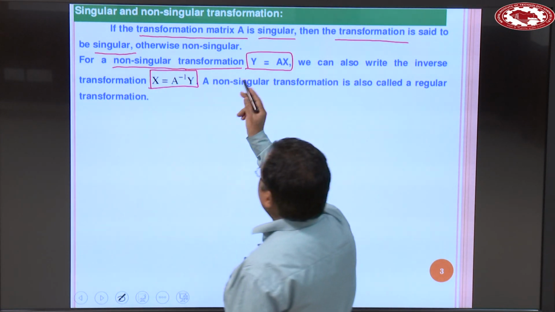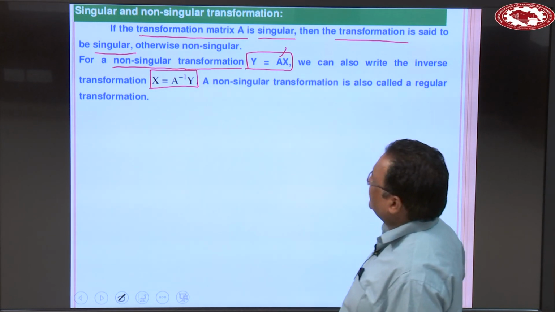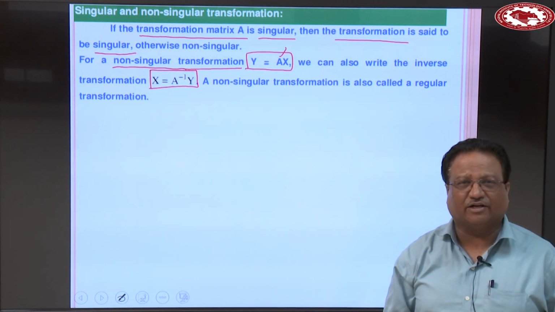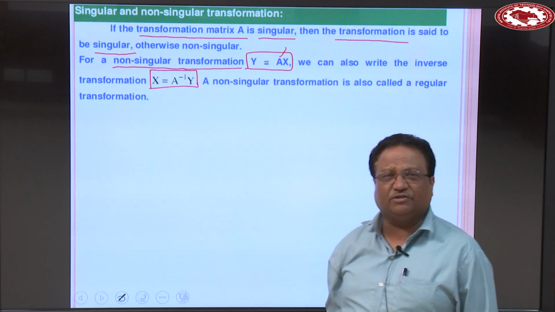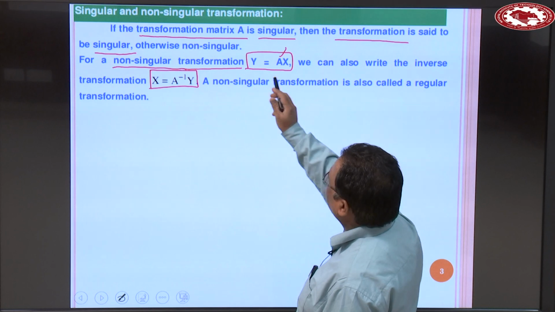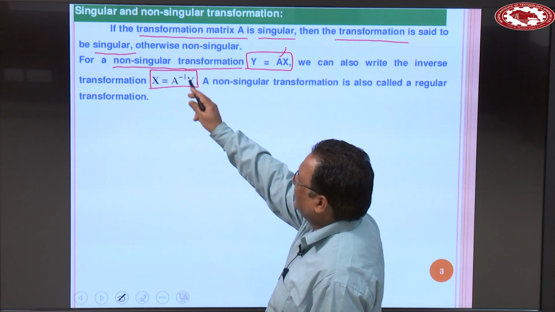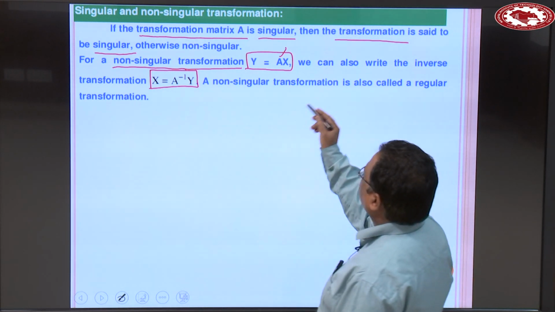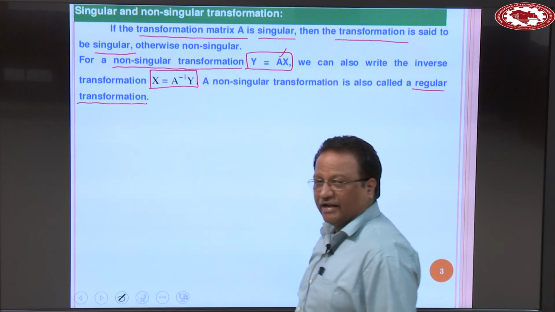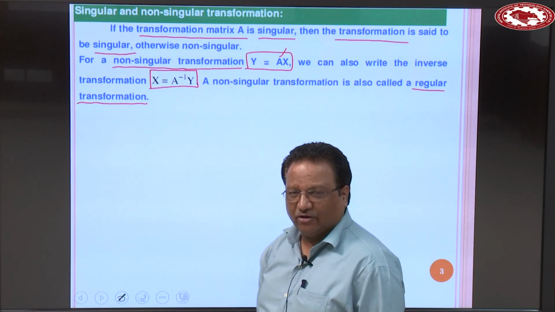The reason is, when we say this transformation is non-singular, this means the matrix A is non-singular, so determinant A is not equal to 0, and this means we can find the inverse of A. So, when we have a non-singular transformation, we can also write the inverse transformation x is equal to A inverse y. A non-singular transformation is also called, remember, a regular transformation.